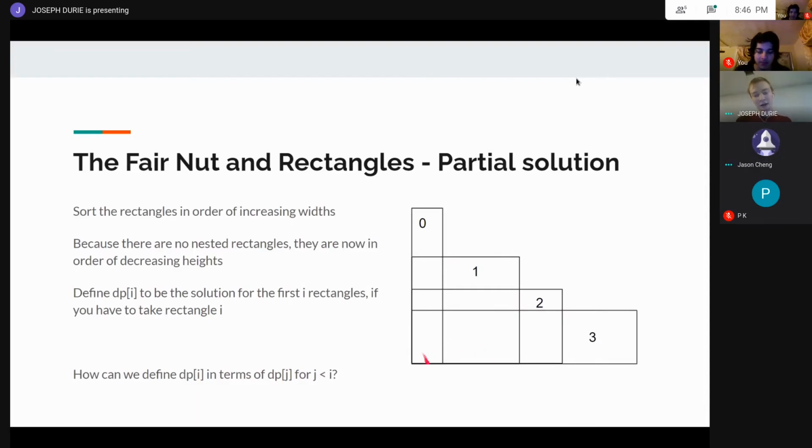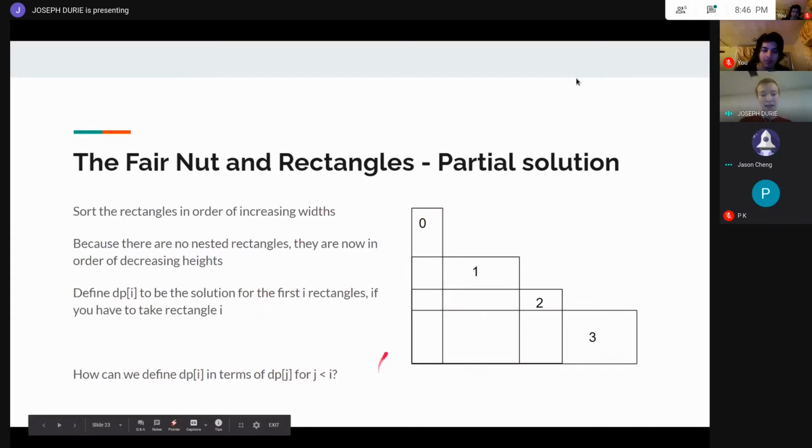Exactly, yeah. We want to get rid of any of the area of 2 that's covered by any of your previous rectangles. Notice that this is going to be exactly the height of 2 times the width of your previous guy, because these rectangles are in order of decreasing heights.